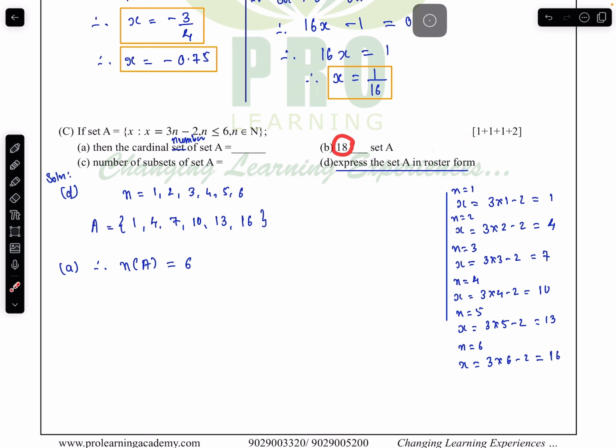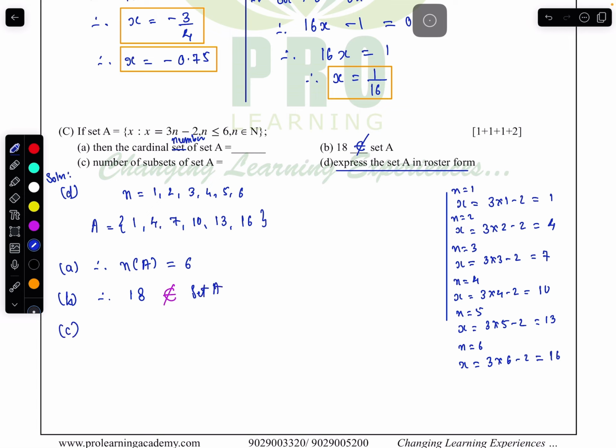So we have to check whether 18 is present in this set or not. Since it is not there, we say 18 does not belong to set A. That is B.